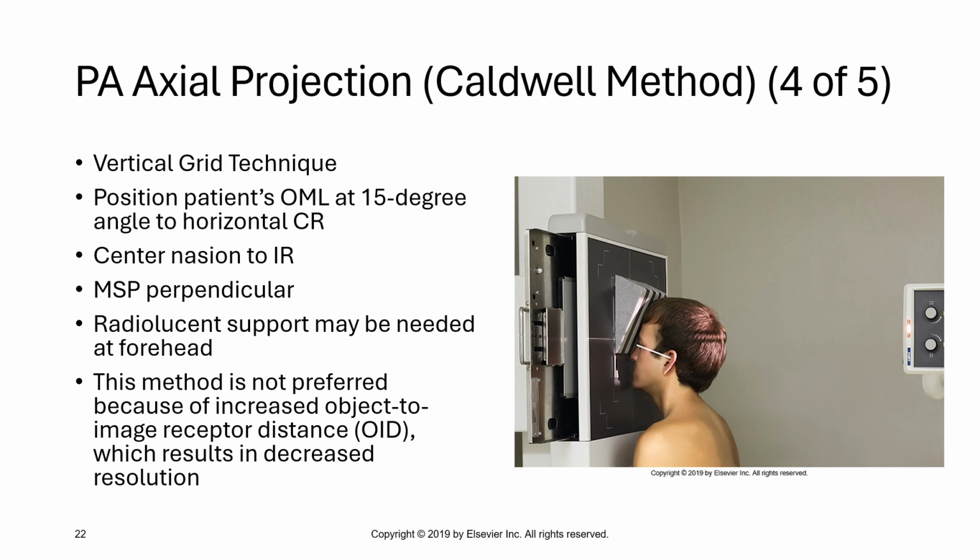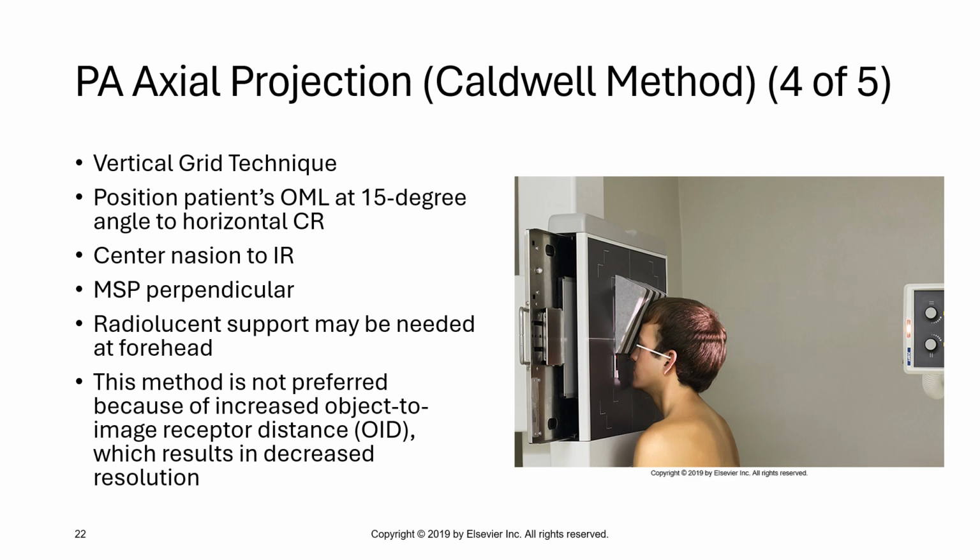Positions the patient's orbital meatal line at a 15-degree angle to a horizontal CR. So they just contradicted themselves with the last slide. This is the correct orbital meatal line on a 15-degree incline from the EAM up to the outer canthus of the eye. You should have an upward slope going into the face.